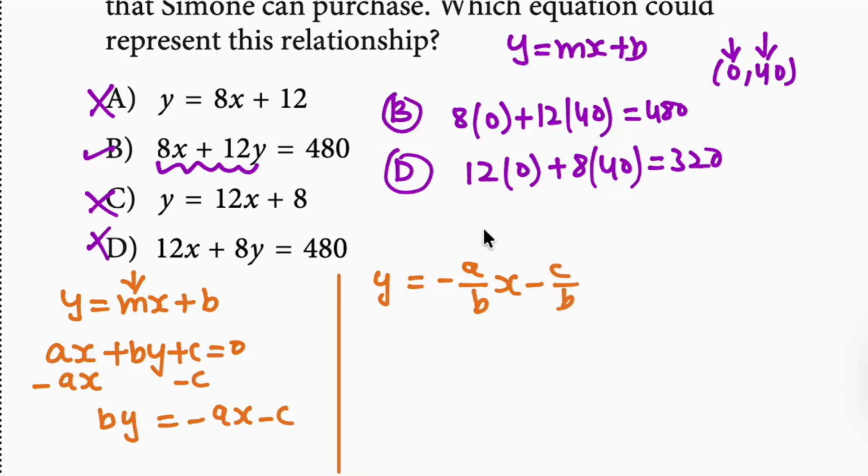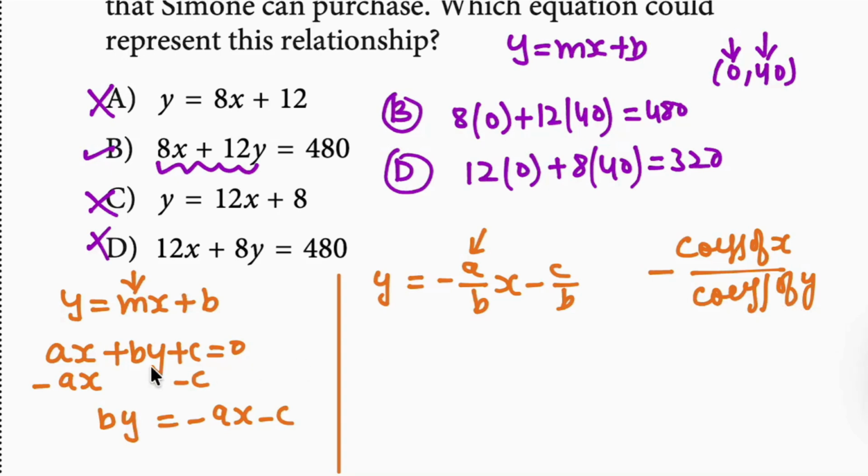Now this one is a wonderful pattern for us. Whenever we have the equation in standard form, then negative of a is the coefficient of x and b is the coefficient of y. So negative of the coefficient of x over the coefficient of y, that will be our slope.